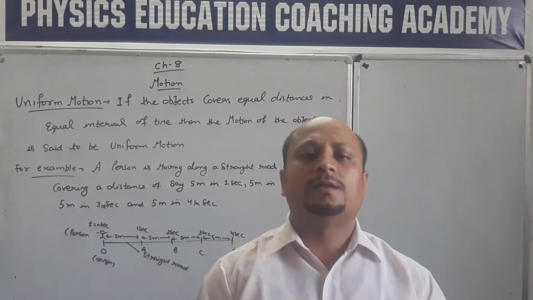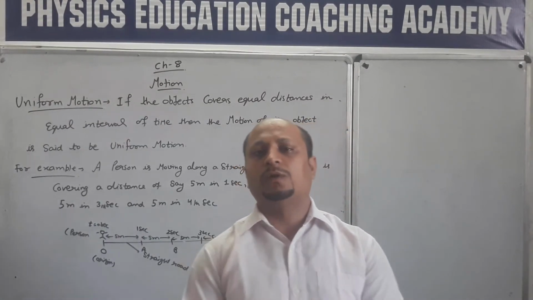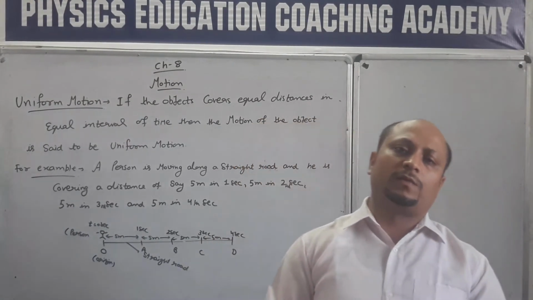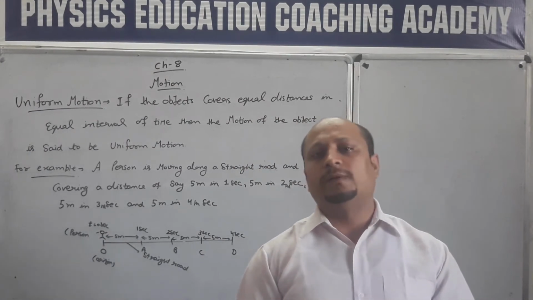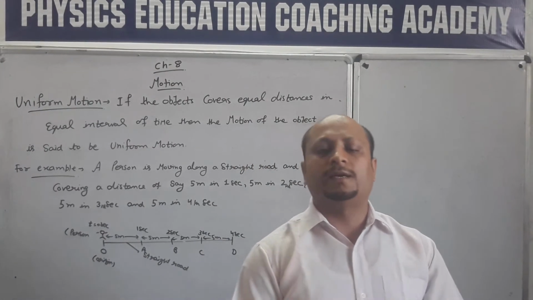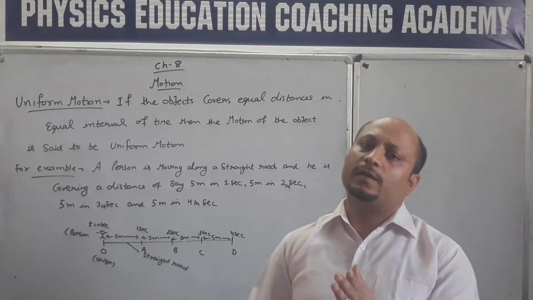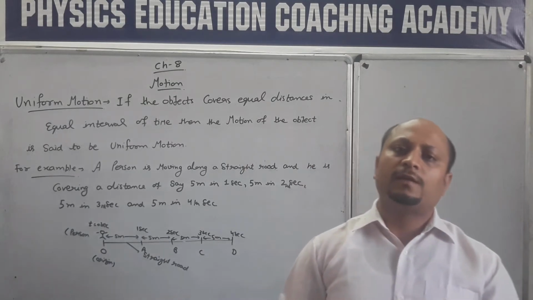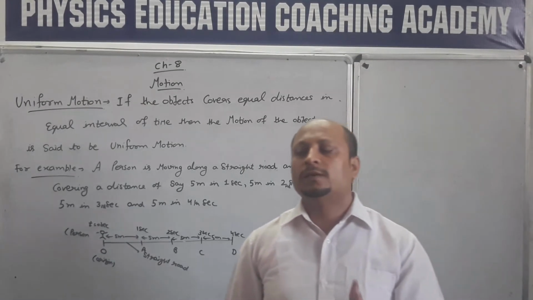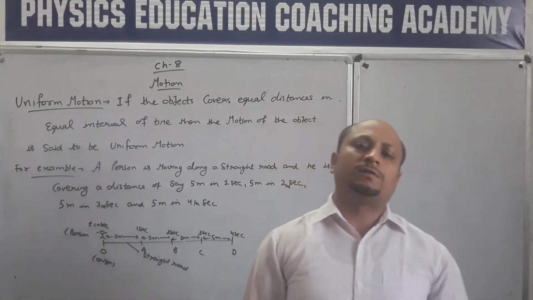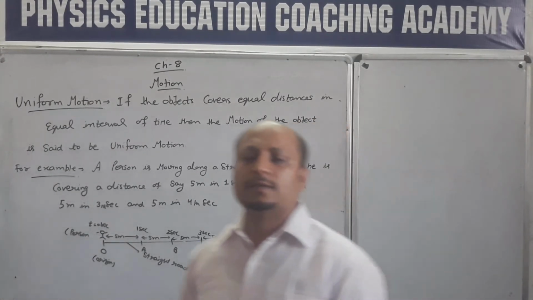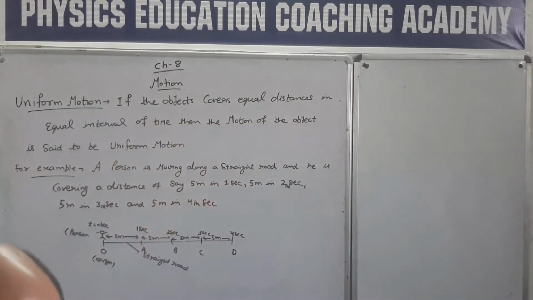It means the person is covering equal distance in equal interval of time. It means the motion of the person is uniform motion. Now the second is, what is non-uniform motion?